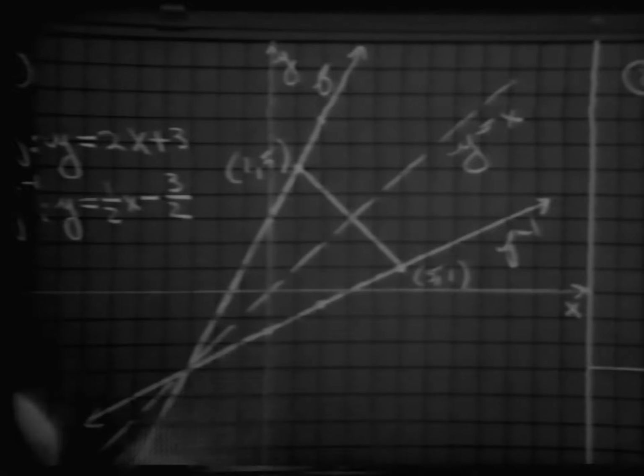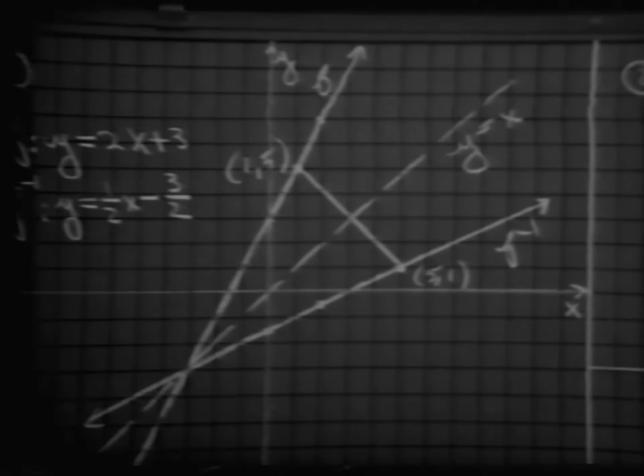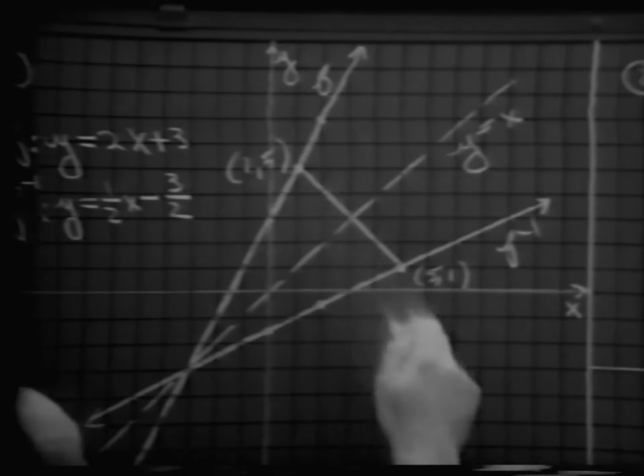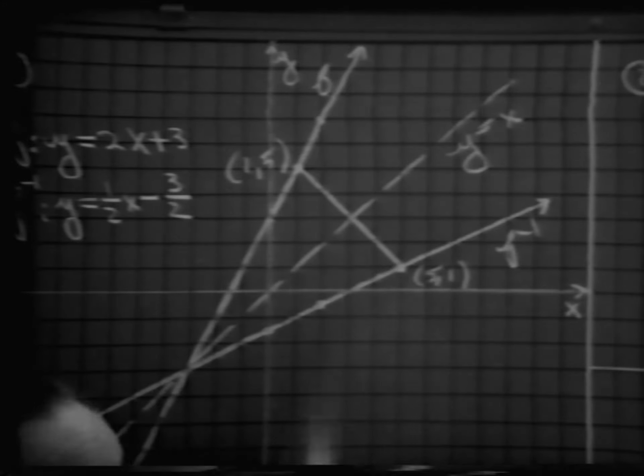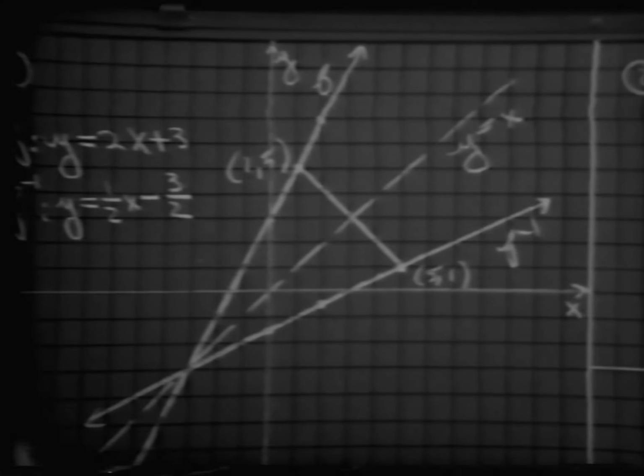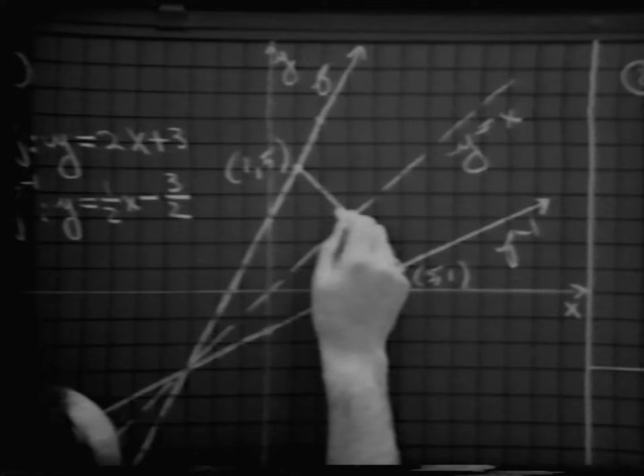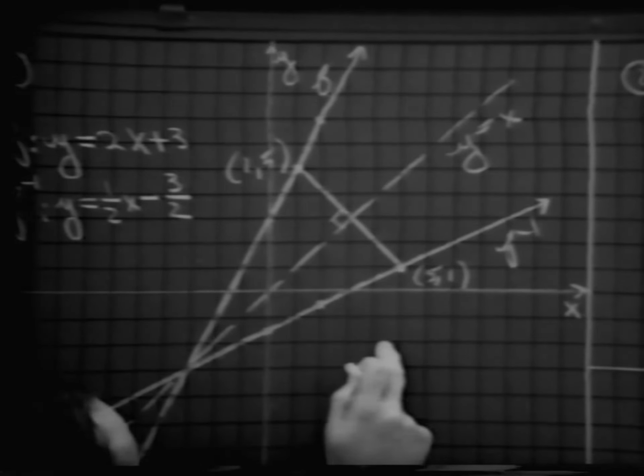Notice, if we were to draw the line passing through those 2 points, what then is that line? What then is y equals x? The line formed by the equation y equals x is going to do what to the line joining these 2 points? And Bill? It's going to perpendicularly bisect it. It's going to be the perpendicular bisector. Very good.